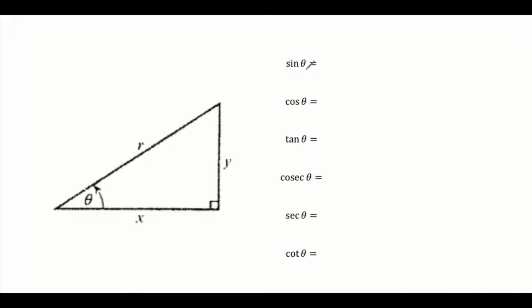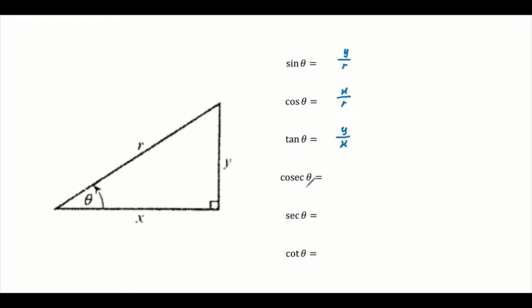So sine theta, SOHCAHTOA, sine is opposite over hypotenuse, so it equals y over r. Cos is adjacent over hypotenuse, so x over r. I'm not going to repeat this again; this is the unit circle that you have known previously. Tangent is opposite over adjacent, so y over x.